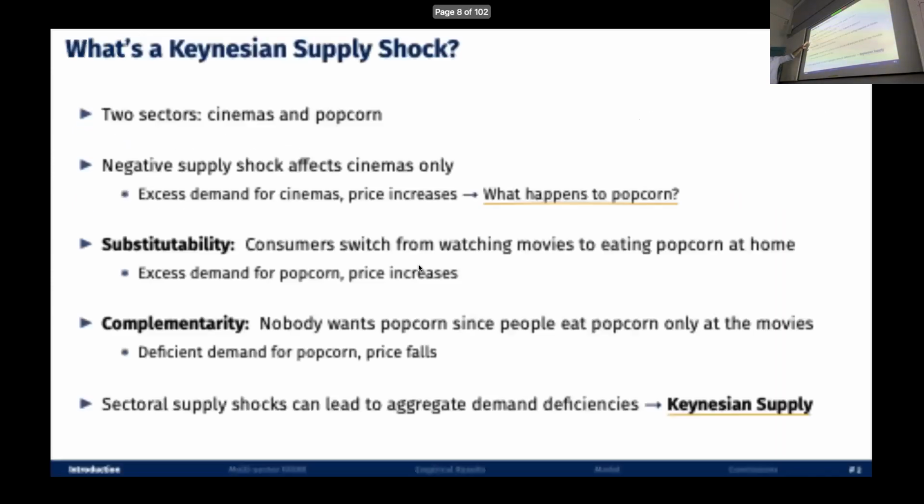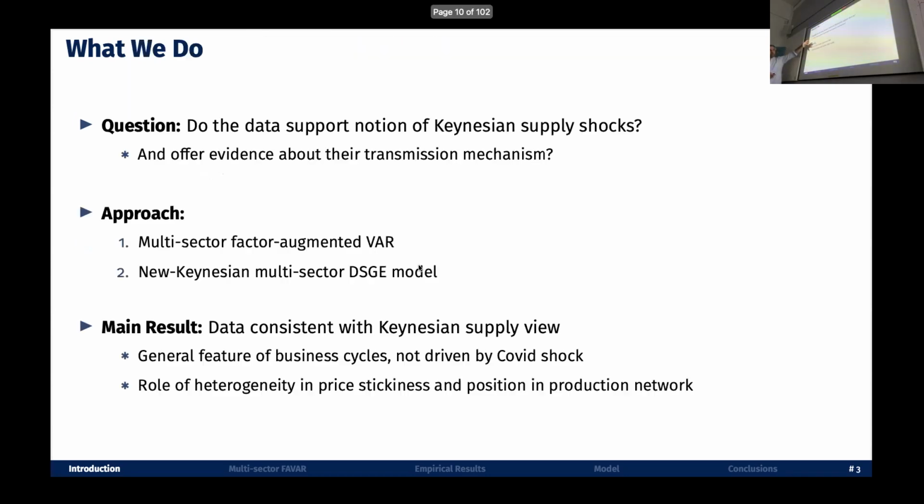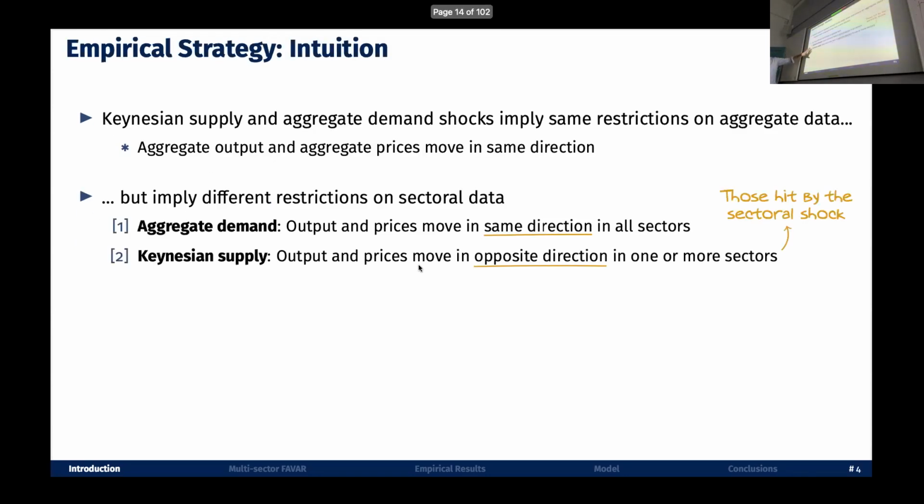This was our initial example. Aggregate output and prices move in the aggregates. They move in the popcorn sector, and they move negatively in the cinema sector. Okay? And that's exactly the intuition we're going to use to try and tease out whether these guys exist in the data or not.